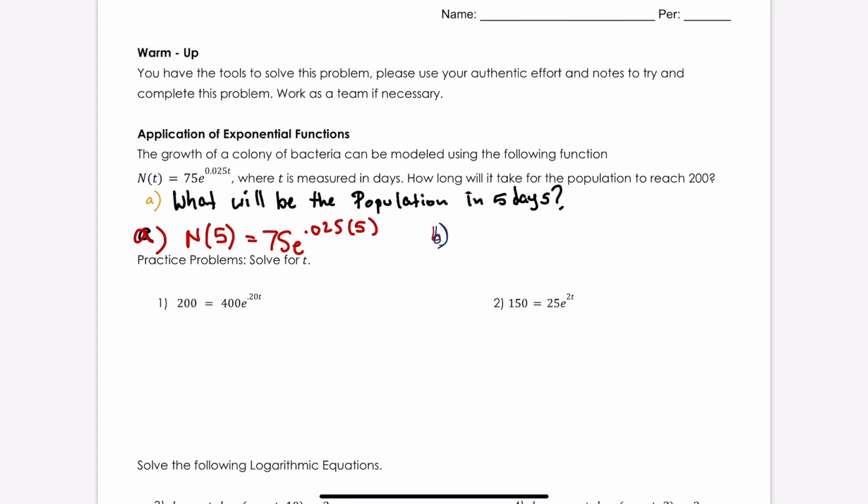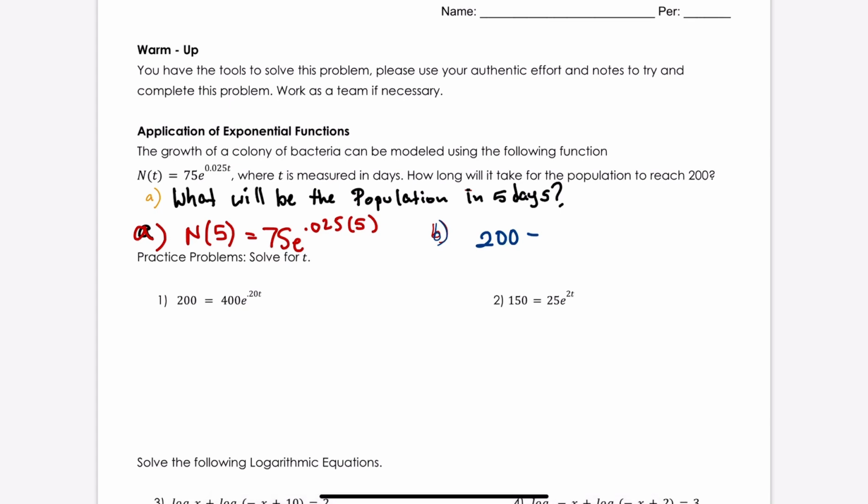Now, for part B, you're asked, how long will it take for the population to reach 200? It doesn't matter if it's 200 million or 200,000, that's not what's important. What's important is where does that go. Remember, n of t is the total population, so n of t is going to be replaced with 200, and then the rest is 75 e to the 0.025 t.